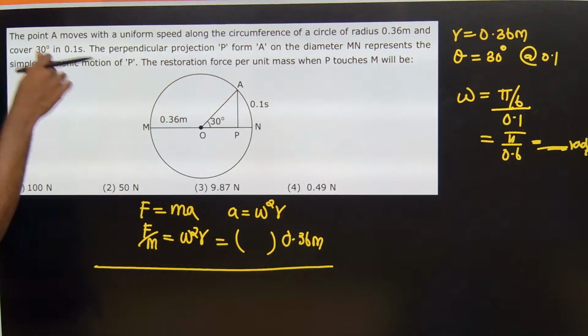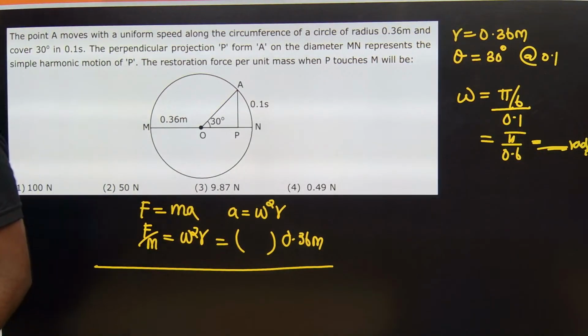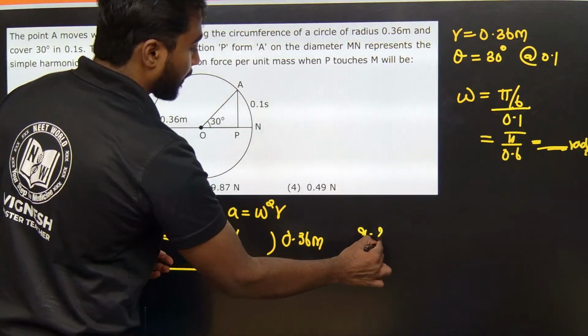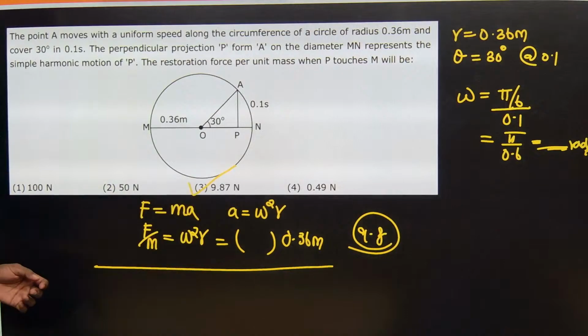Find the answer and give it. So the final answer, approximately, you will get 9.8. So option 3 will be the answer.